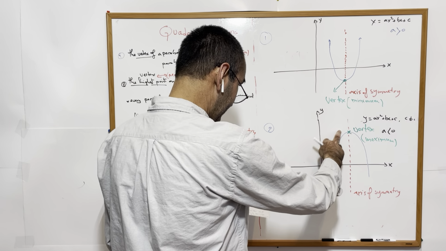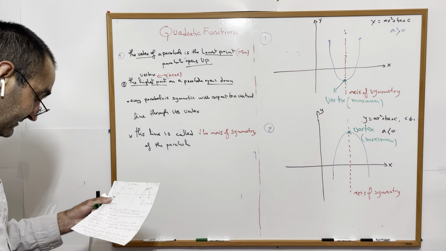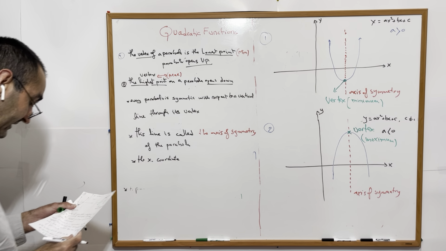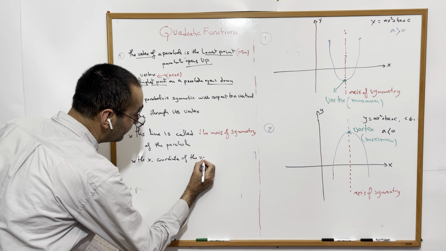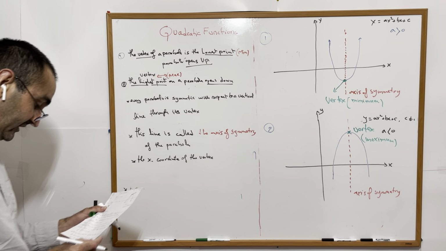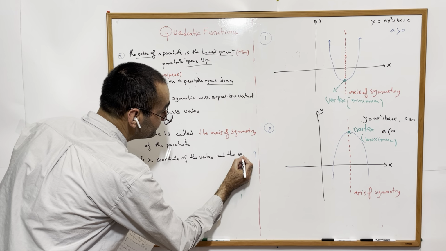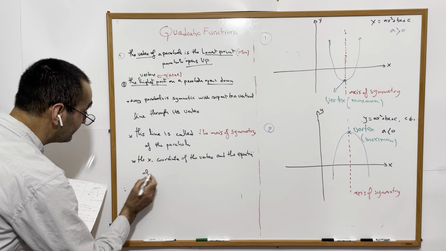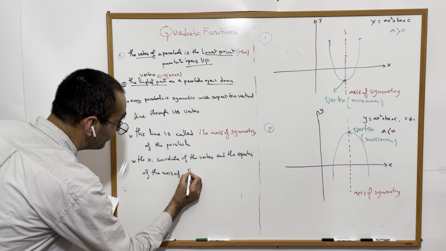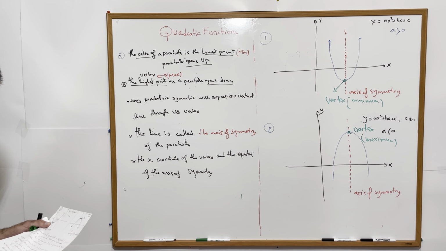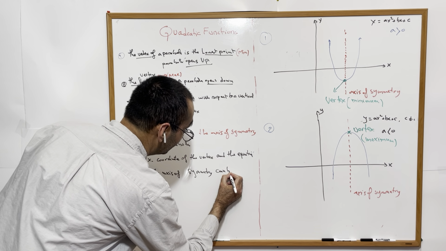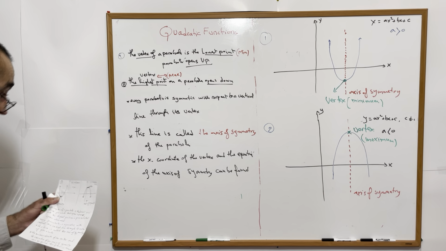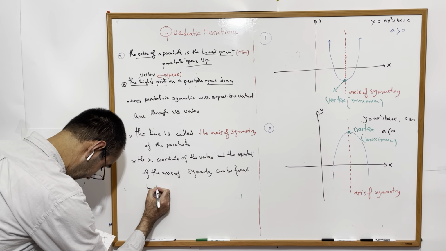What is the x coordinate of the vertex? The x coordinate of the vertex and the equation of the axis of symmetry can be found by the following formula.